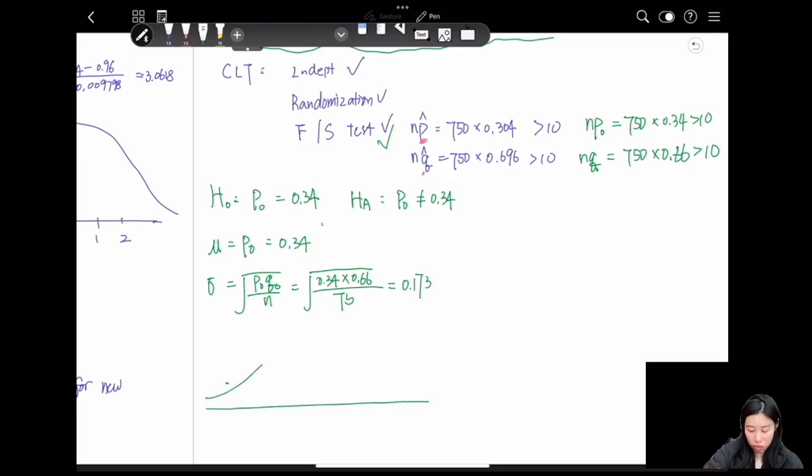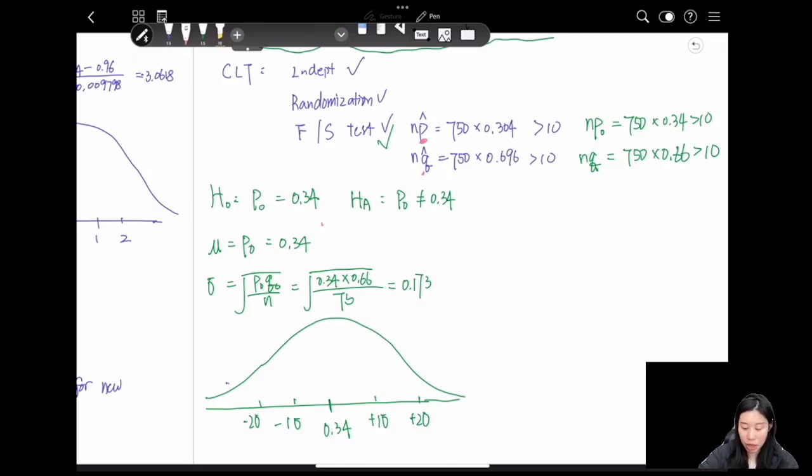So with that, you can construct a sample distribution of proportion with the center 0.34, and then you add 1 sigma, and here subtract 1 sigma, and here add 2 sigma, and then subtract 2 sigma. Okay, so we're trying to find where p hat is.